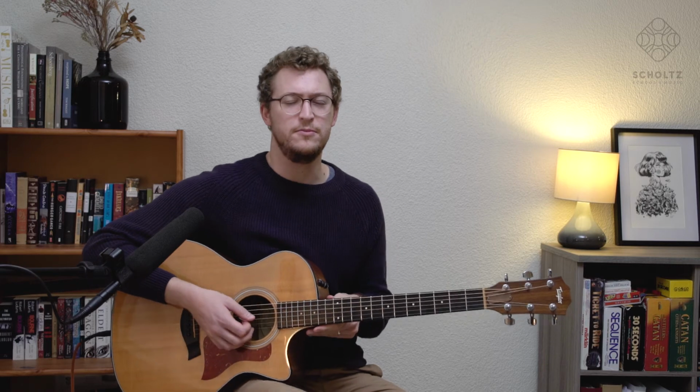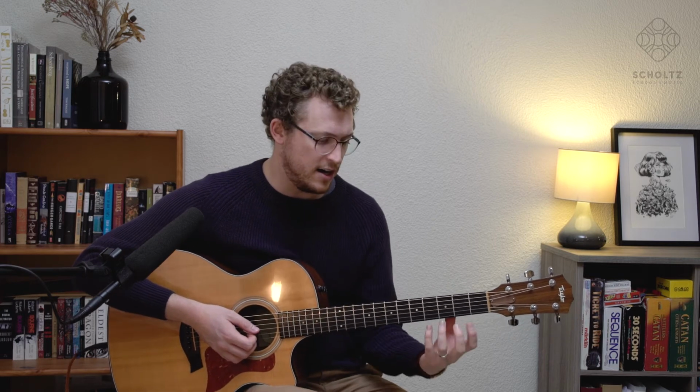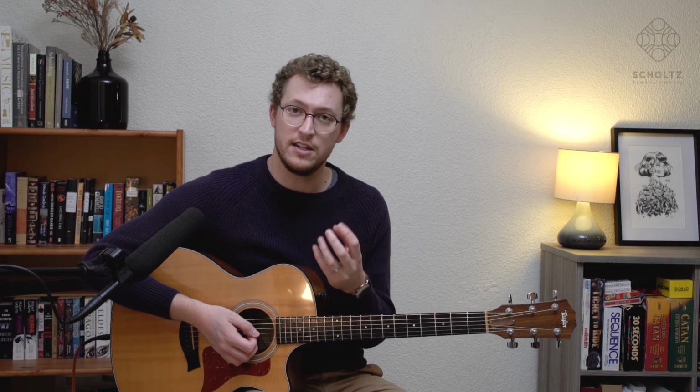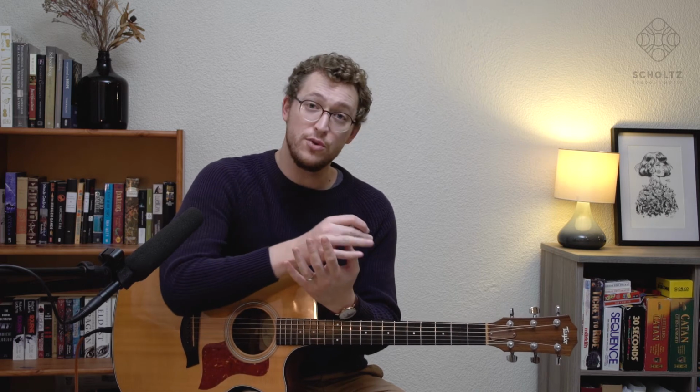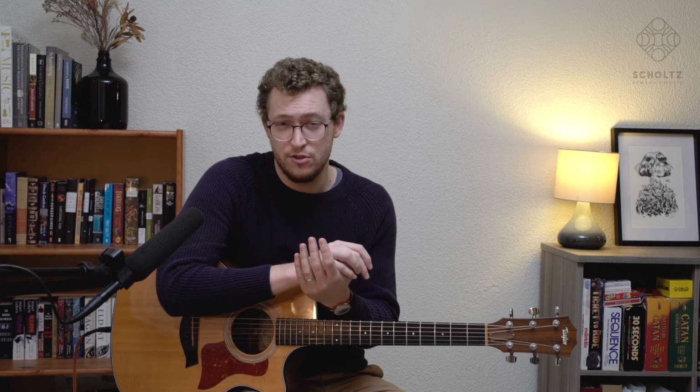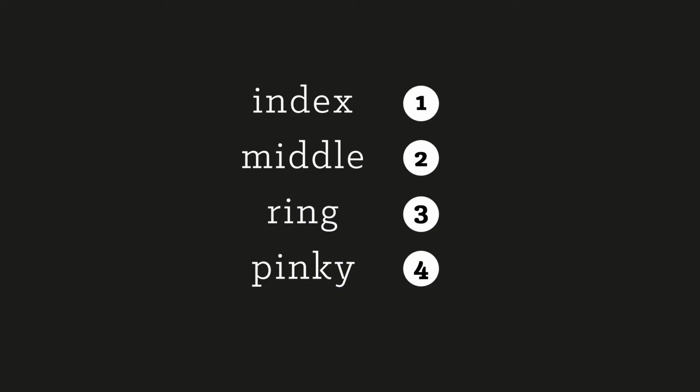Now, when it comes to the way I indicate which fingers to put where, I indicate that with black dots with white numbers in them. And the numbers in those dots indicate which fingers to use on your left hand. And the way I number the left hand fingers is we don't count the thumb. If that is used for whatever reason, that would be indicated with a capital letter T. But we number them from the index finger.